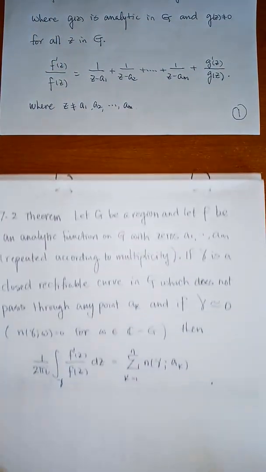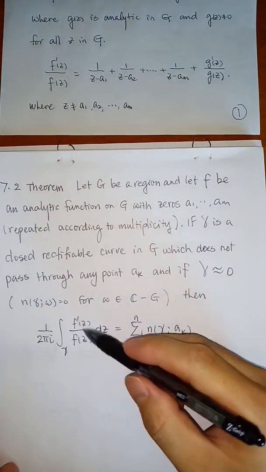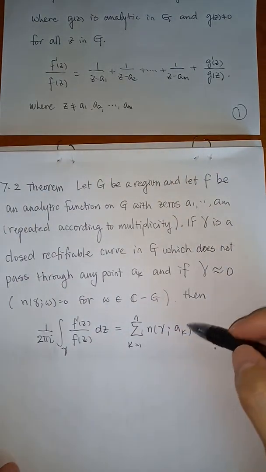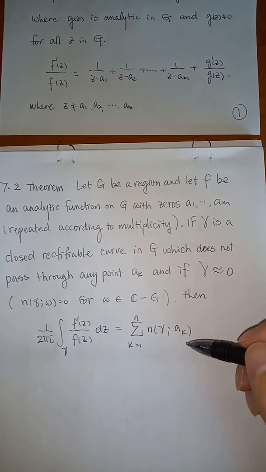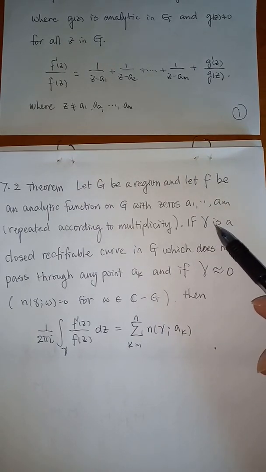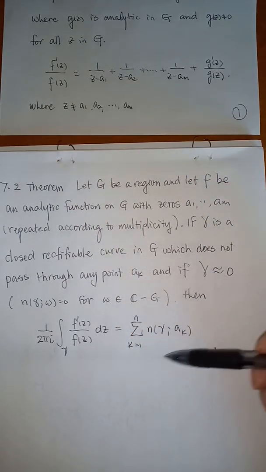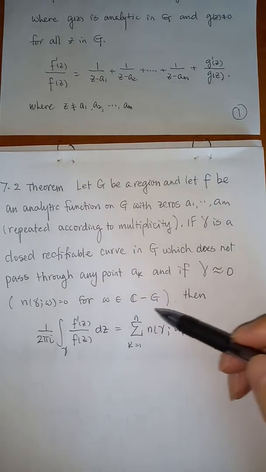Okay, so we have this computation. The integral of f prime over f divided by 2 pi i is always a sum of winding numbers. And here, because we are talking about a closed rectifiable curve, inside the closed rectifiable curve there are at most finitely many zeros.